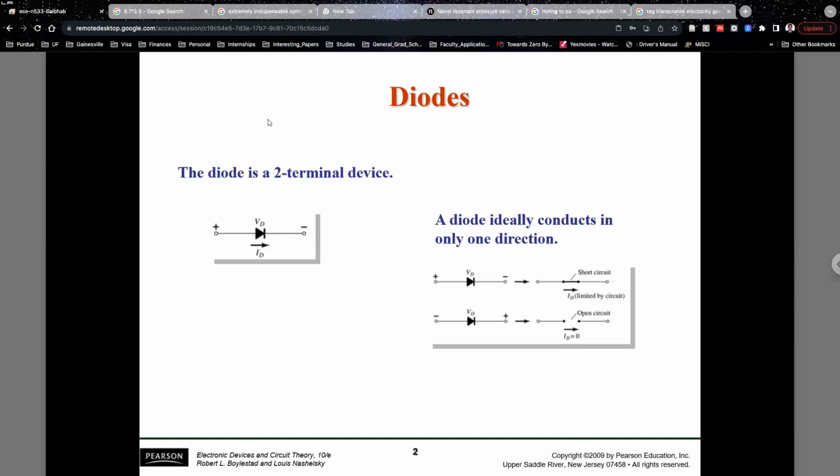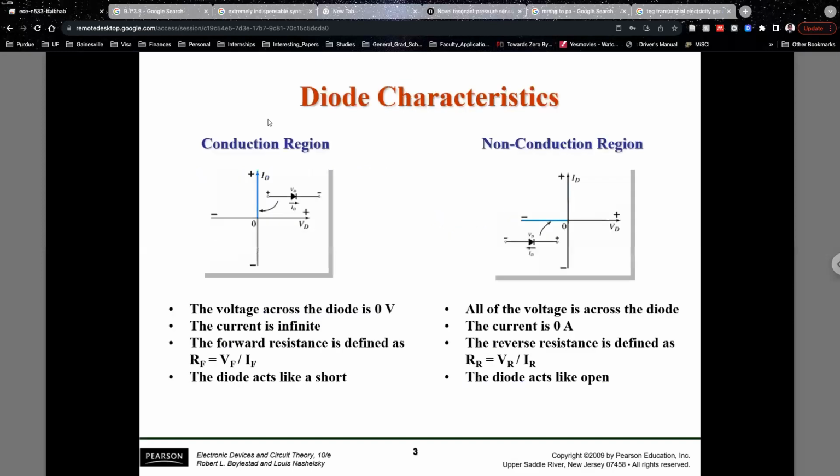That's a mechanical switch. But a diode is an electronic switch that depends on the polarities of the voltages on both sides. And you can turn it off or on using the switching capabilities of the diode by applying the correct polarities on the two sides.